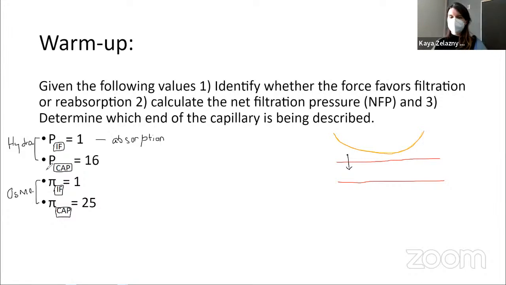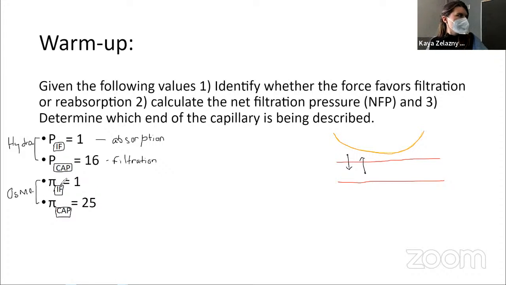Okay. So then if we're thinking about the next one, our opposite hydrostatic pressure, the push from the capillary out towards the interstitial fluid. What's our word for that then? Perfect. Okay, yeah. So this is our filtration. And then we can match up the directions of those arrows with the arrows we're going to draw for our osmotic pressure.